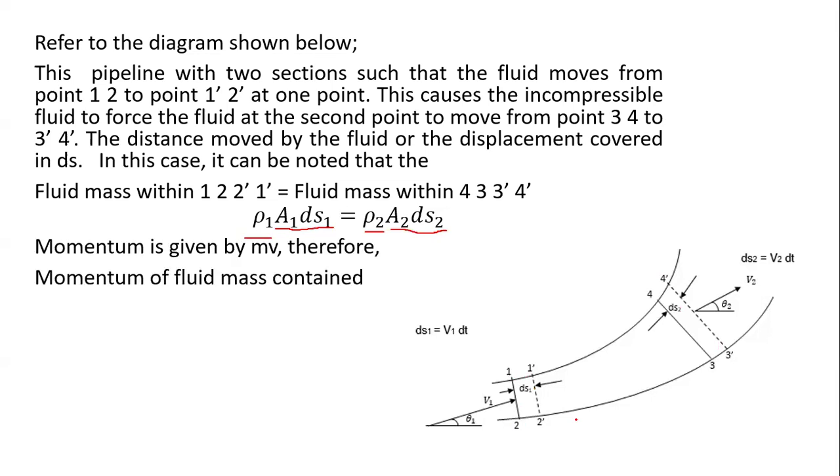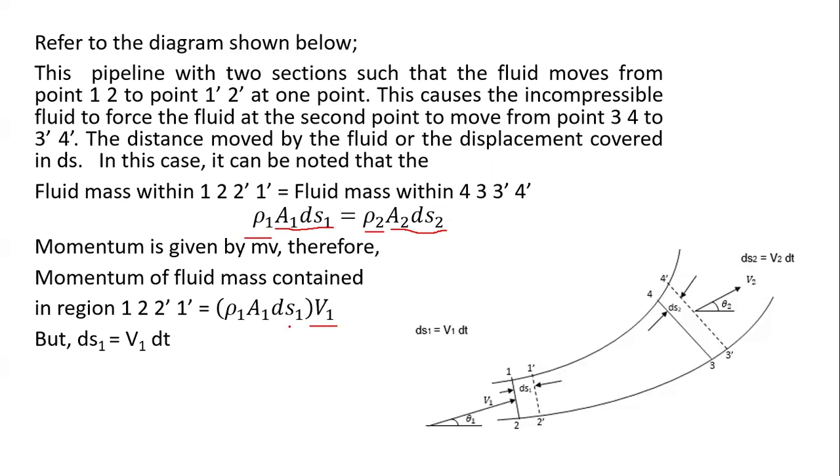Now remember, momentum is a product of mass and velocity. So let me introduce the velocity. It will look like this. Everything the way it is, I rewrite all the items there, and then I plant the velocity. So I have density, area, displacement, then velocity.